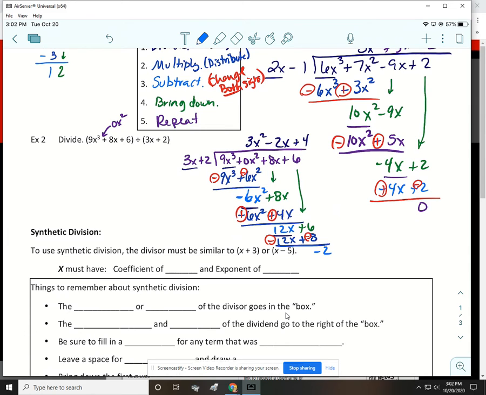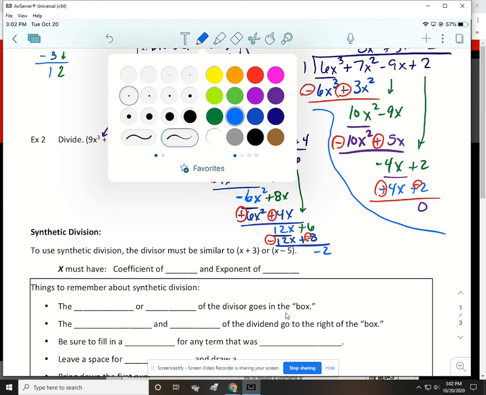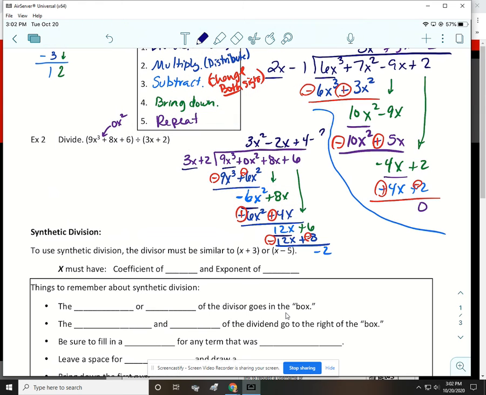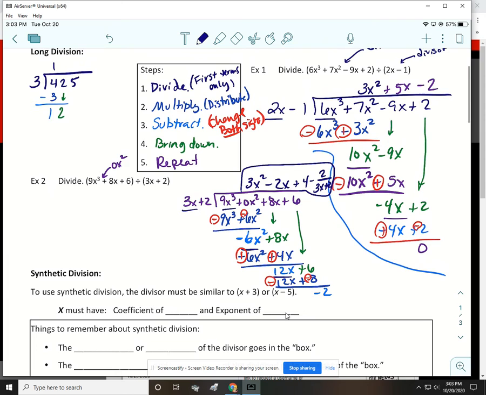And so what you do with the remainder is you tack it on to the end of the problem and you put it over the divisor. All right, so all that right there is your answer. That's long division, and it's long, but it always works.